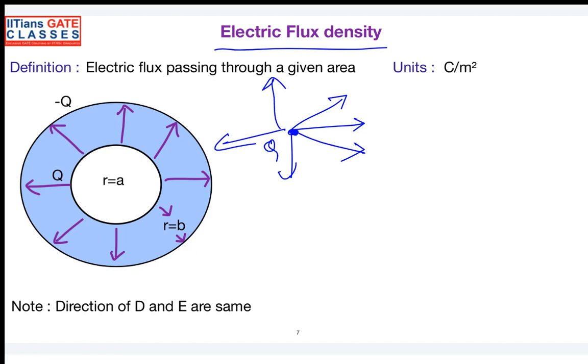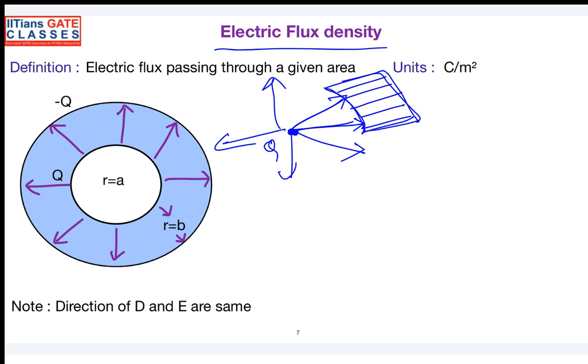No, because the surface I have considered is not a closed surface. Only a portion of the flux will pass through it. So the flux density is defined as how much flux is passing through this surface divided by the area of the surface.